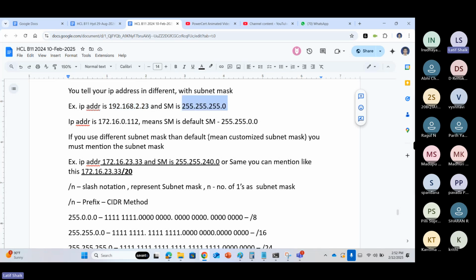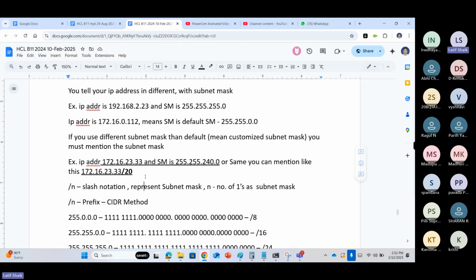If you are using the default subnet mask, it means you are using a classful network. If you are using a subnet mask different from the default one, it means a classless network, because it is not class A, class B, or class C once you change the subnet mask.